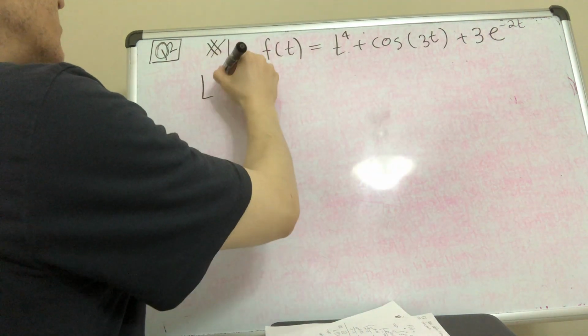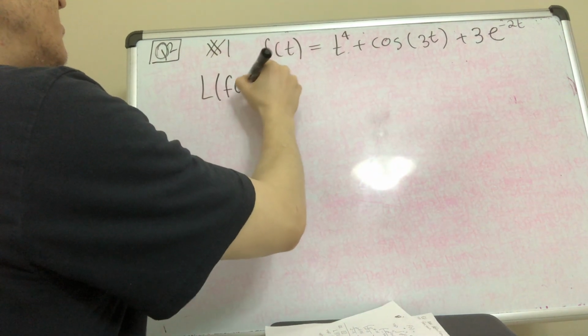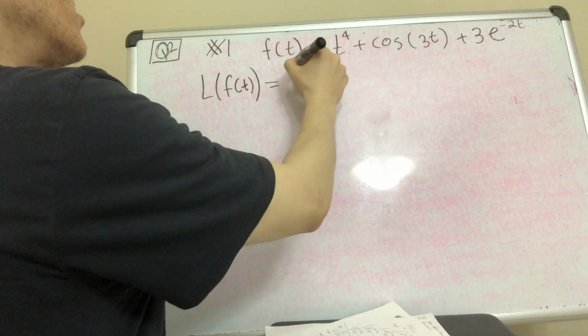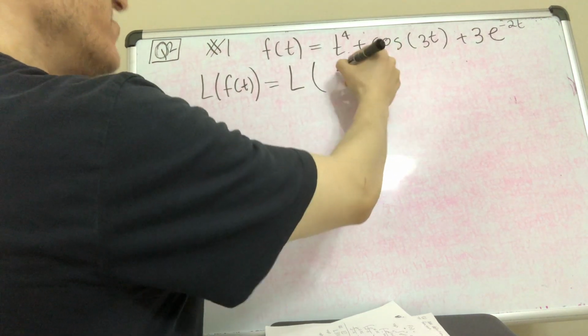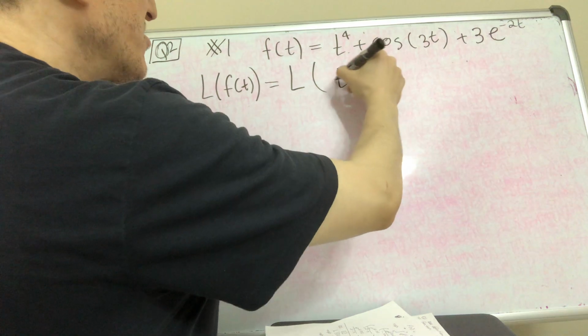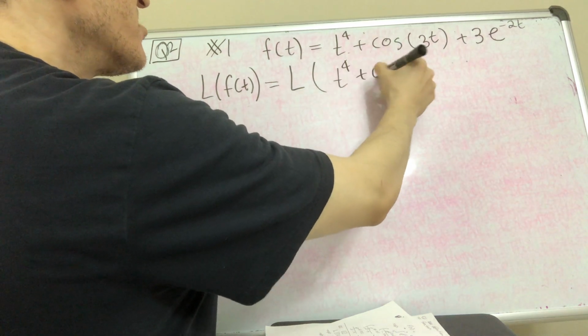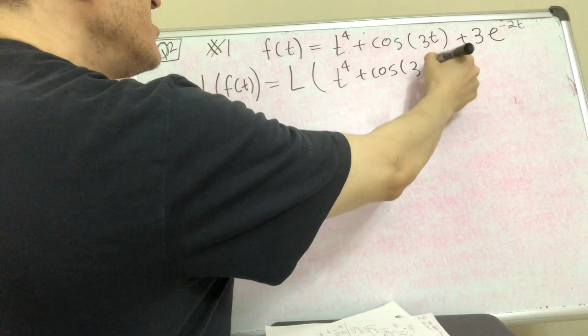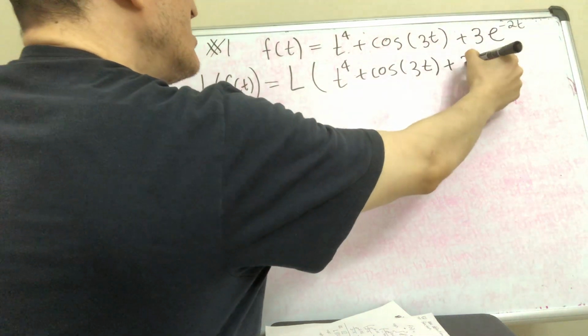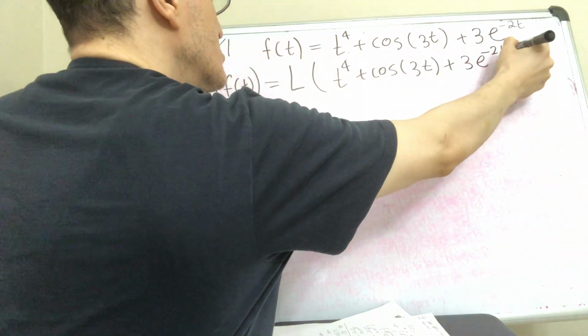So the Laplace transform for f(t) would be the Laplace transform of all three: t to the power 4, cosine of 3t, and 3e to the minus 2t.